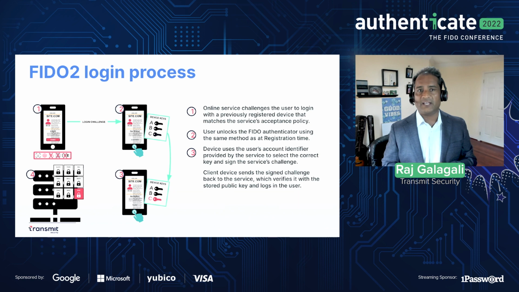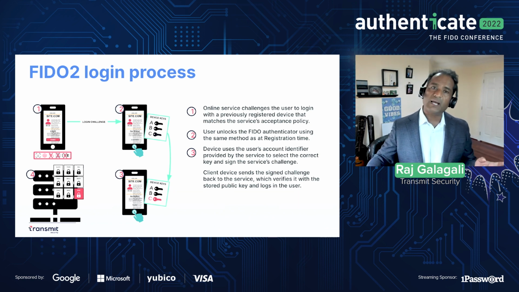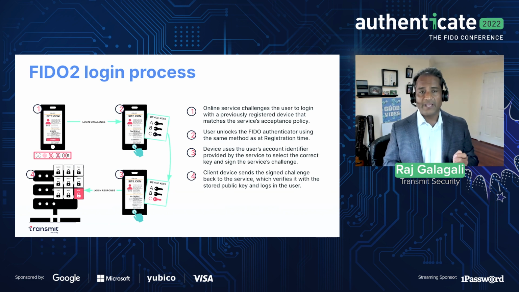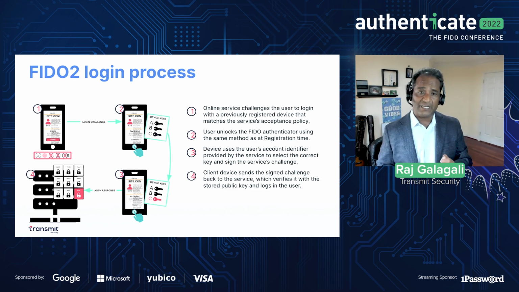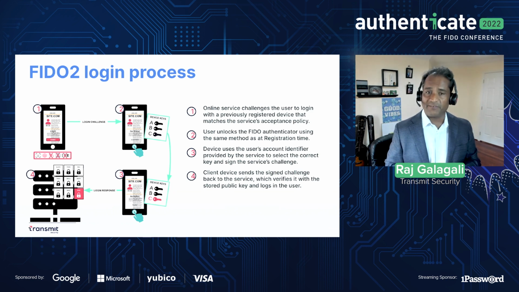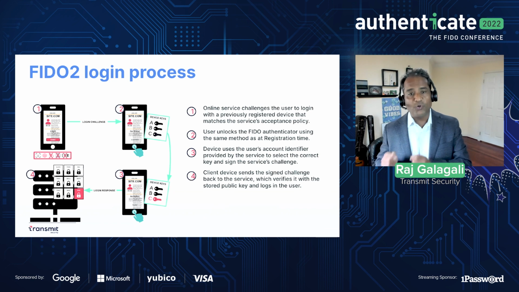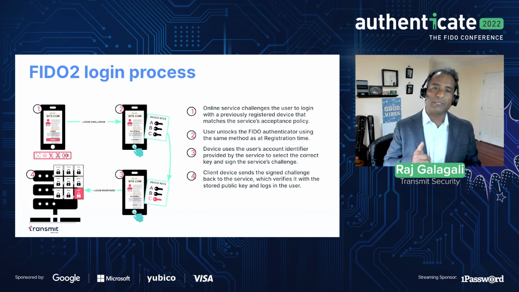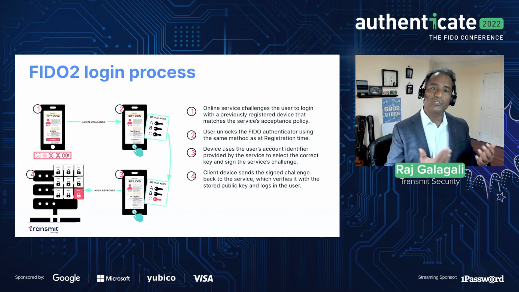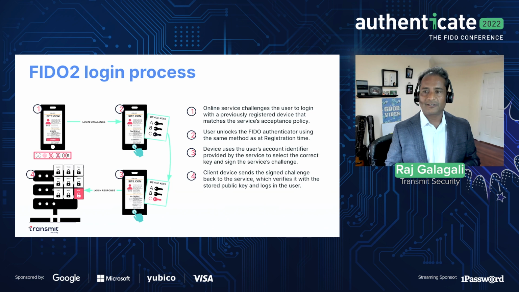And once that challenge is signed, you have the public key that you can verify to make sure that this challenge was indeed signed by user Bob from that particular device, and he was able to use that private key because he was able to successfully identify himself using the biometric method that was used during the registration process.